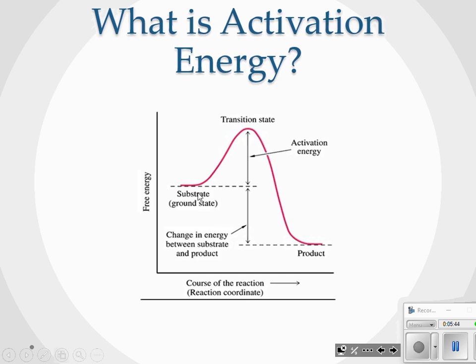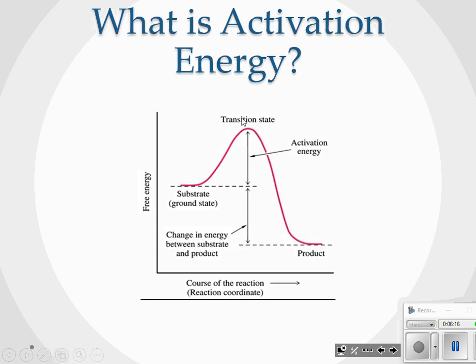So if energy is on this axis, the energy of the reactants is greater than the energy of the products. So what is happening is energy is being released here. Now, in order for this reaction to occur, we have to have a certain amount of energy to get the reactants to change to products.